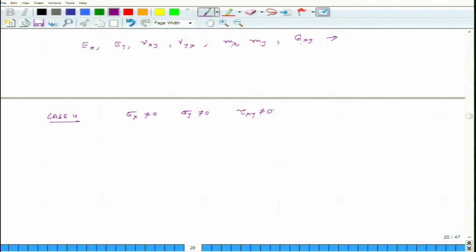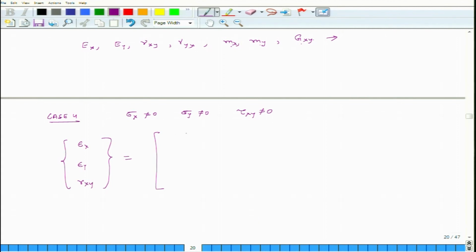And through the principle of superposition, we just add up the contributions from each of the stresses. So, we get this relation. So, epsilon x will have one component due to sigma x, one component due to sigma y, and one component due to tau xy.